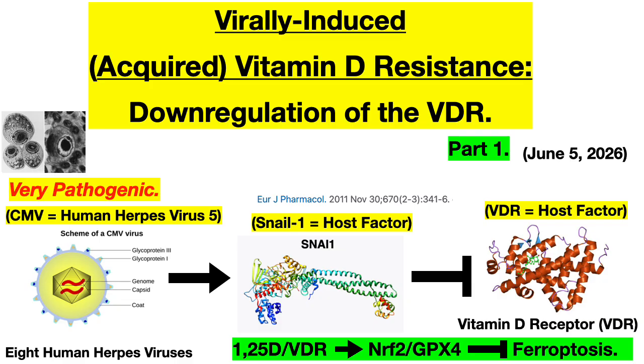That's a lot of verbiage, and the reason we need to define each of these terms is because we are going to be placing them together in a chain of causality, which is embodied in this information vector. So reading left to right, an agonist, 1,25 vitamin D, interacts with the vitamin D receptor, activating it. The vitamin D receptor is a transcription factor.